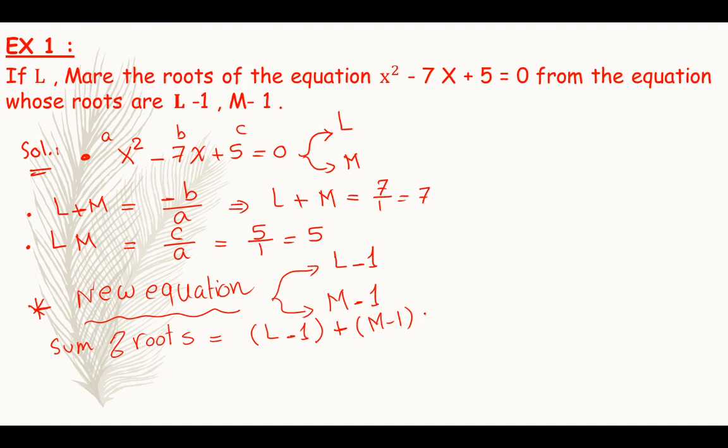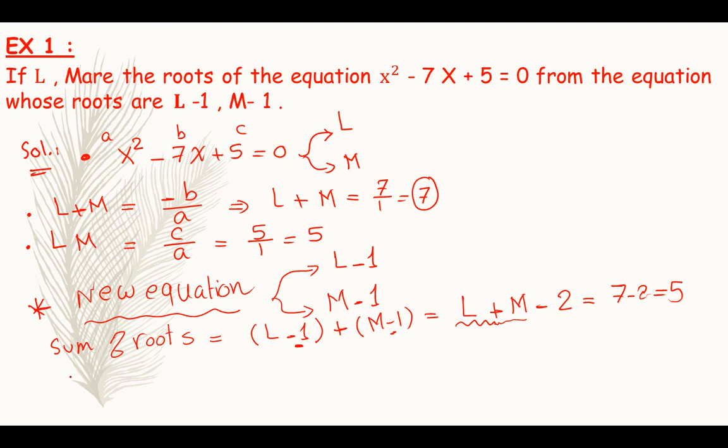So the result will be L plus M, and here we have minus 1 and minus 1, so it will be minus 2. So the sum of the roots is L plus M minus 2. But we know that L plus M equals 7 from the first step. So we will replace L plus M by 7. 7 minus 2 equals 5.